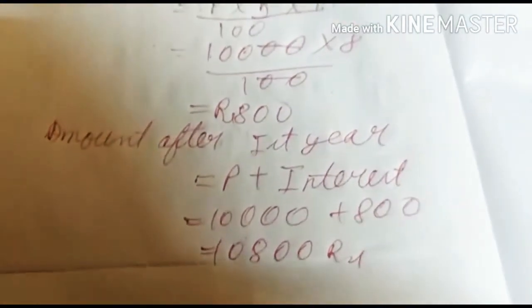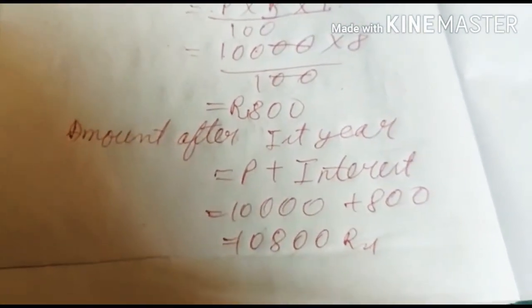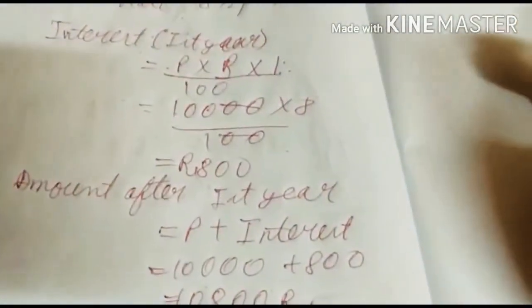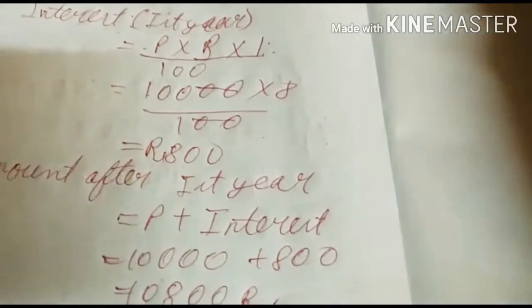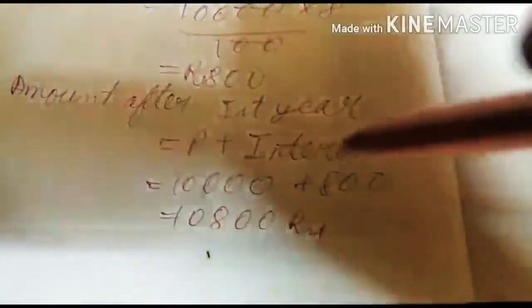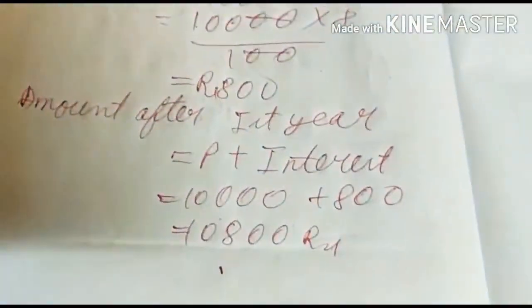After 1 year, the amount we have to return, 10,800, becomes the principal for the second year. Now the interest will be calculated on the amount that we have to pay after 1 year.